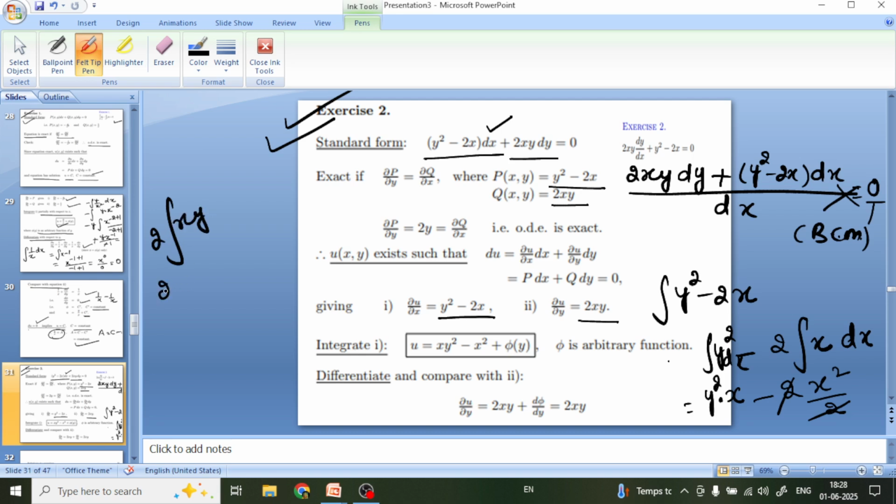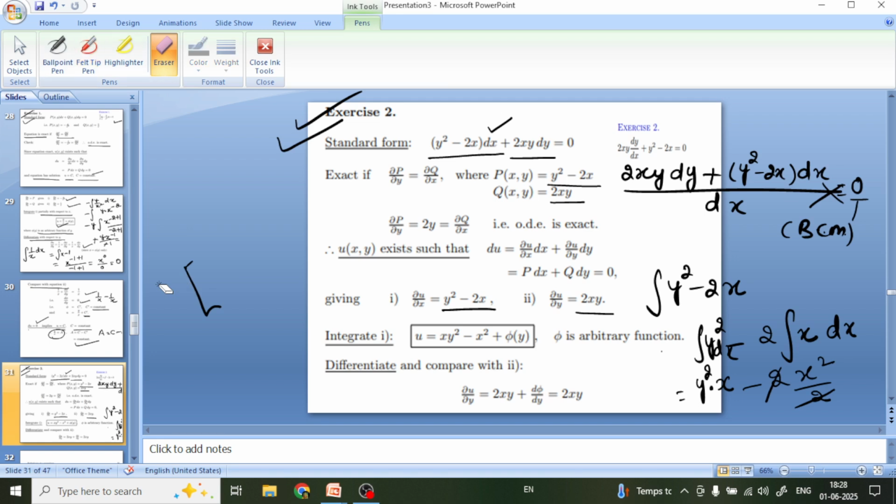2xy, and when we solved, 2y, just a minute, 2y integration of x, 2y times x power.